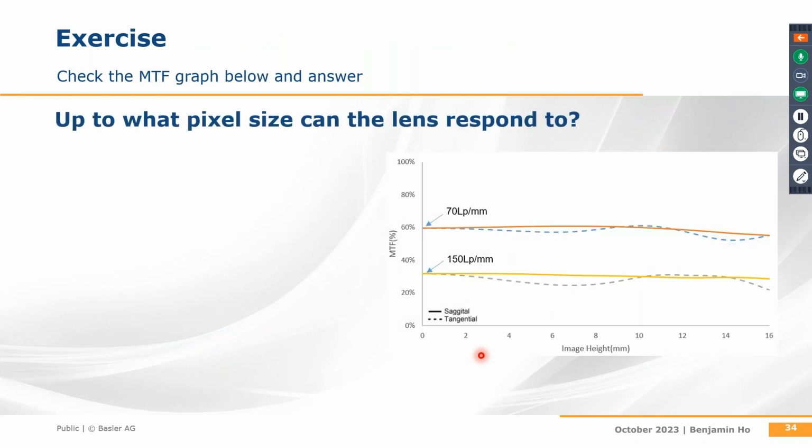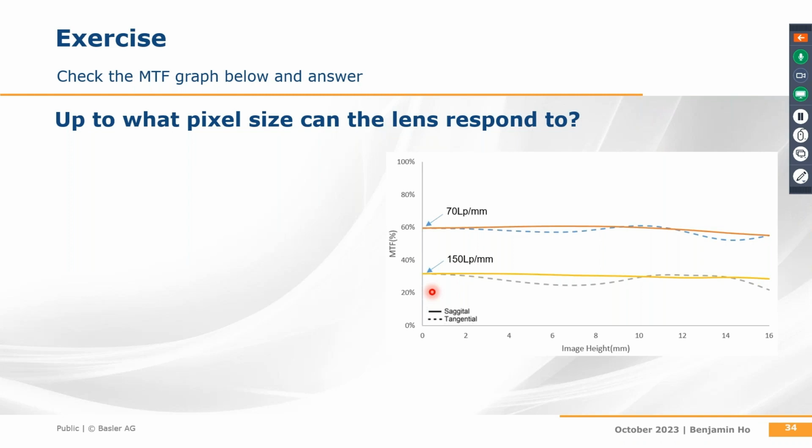Now, let's take a look at the MTF of the Basler F-mount lens. This lens maintains 30% contrast at a resolution of 150 LP per mm. In this case, how small a pixel size can it accommodate? According to the calculation formula explained earlier, pixel size equals 1 over 150 divided by 2, then multiplied by 0.67.